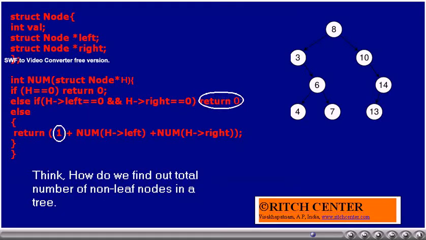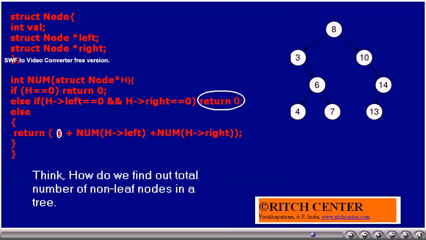Now imagine that we wanted to find out the number of non-leaf nodes in the tree. We assume that the root node address will be sent as an argument for the function. What shall we do? We recommend doing the following.